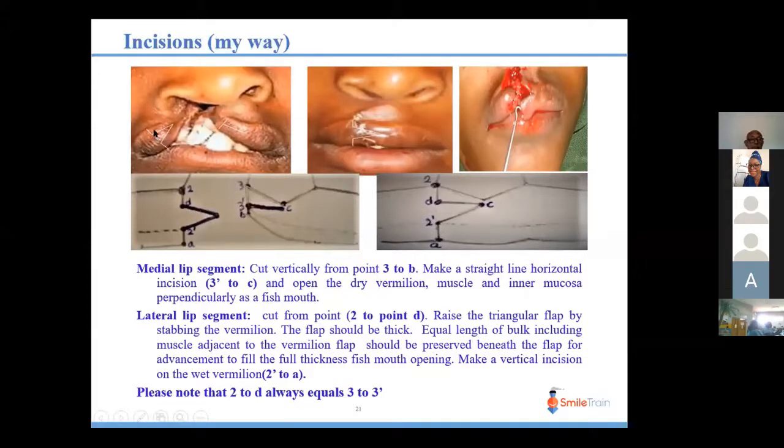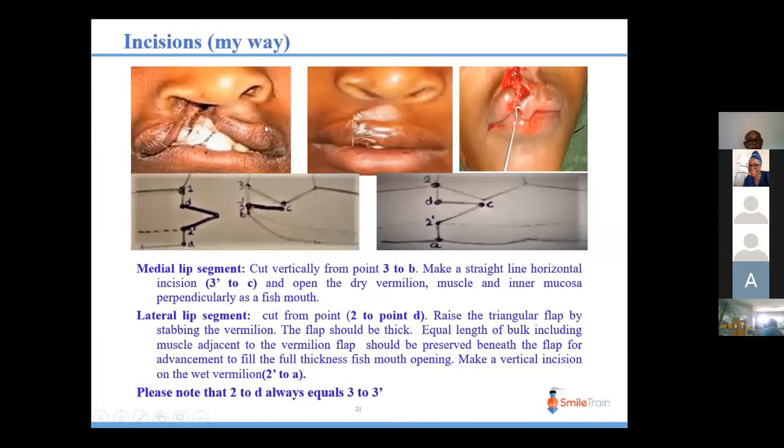So once you mark this, then I decide on the level of the flap base by the amount of deficiency I calculate. As I said, the lower part starts from the red line, and I decide this point by really measuring how much deficiency there is to fill here. It's very simple.